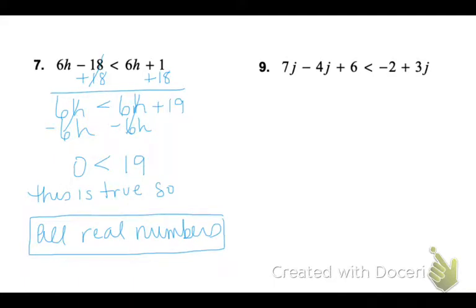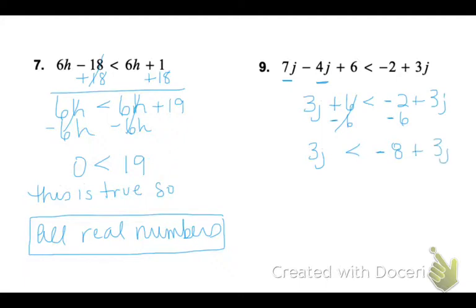Looking at number 9, we want to combine the like terms of 7j and negative 4j first. So simplify if you can. All right, we'll subtract the 6 on both sides. So 3j is less than negative 8 plus 3j, so we'll subtract 3j on both sides, and that cancels it out both times, so 0 is less than negative 8.